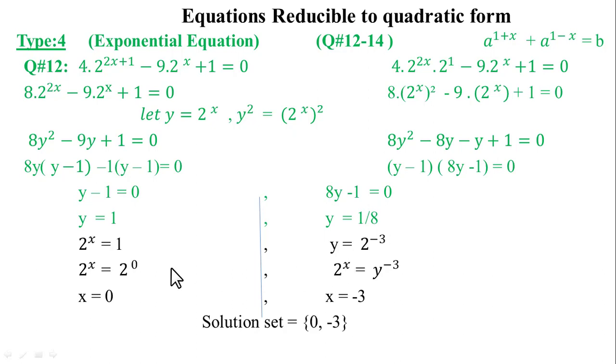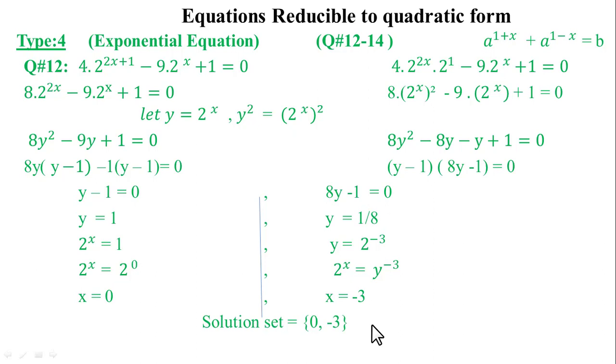So we can write 2 to the power x is equal to 2 to the power 0, and similarly 2 to the power x is equal to 2 to the power minus 3. After comparing, x is equal to 0 and x is equal to minus 3. Now the solution set of the given equation is 0 or minus 3.